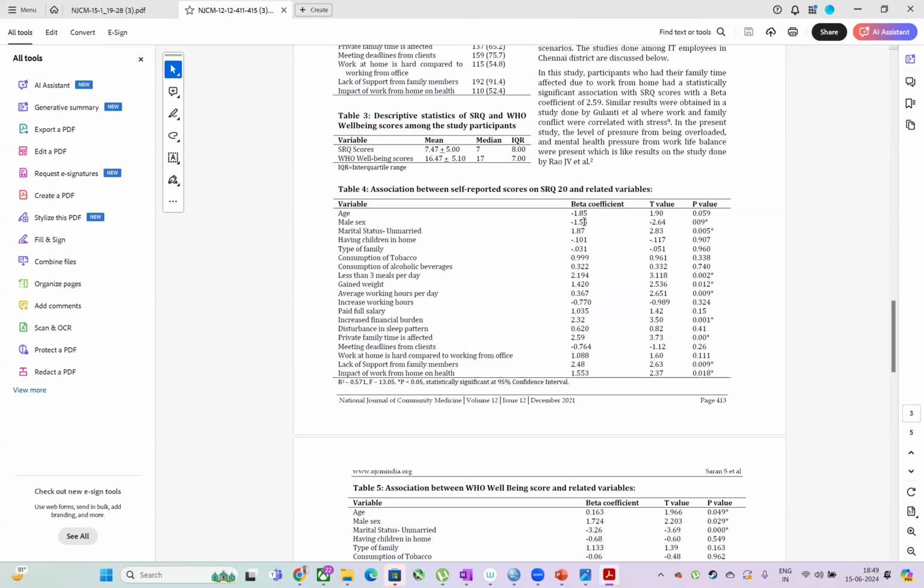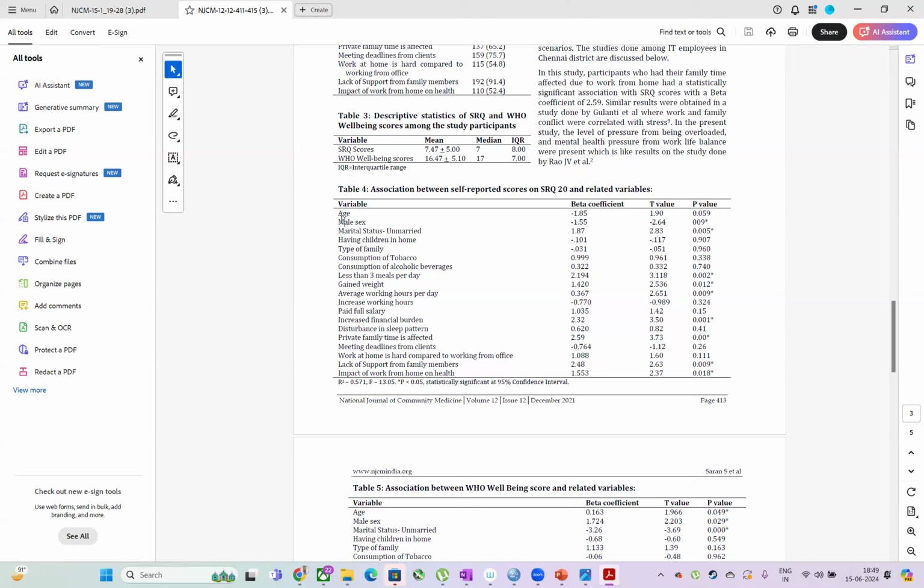You understand? So the risk has switched, which shows that male gender has become protective.